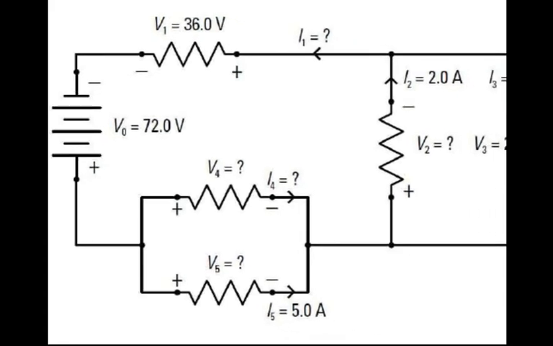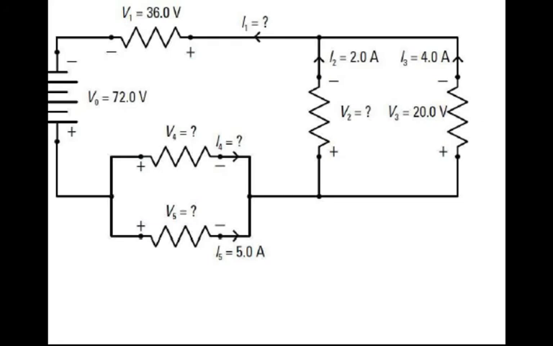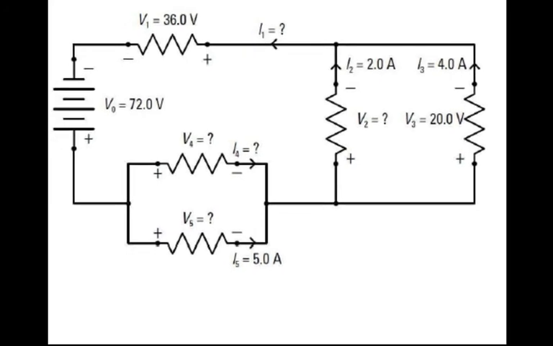I don't think I can, but if I go a little bit smaller, I don't have to move it around so much. So now we got it all in there. Okay. So in this case, we need to solve for I1, V4, I4, V2, and looks like V5.